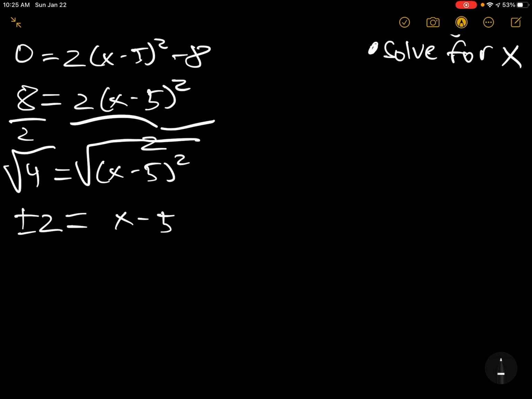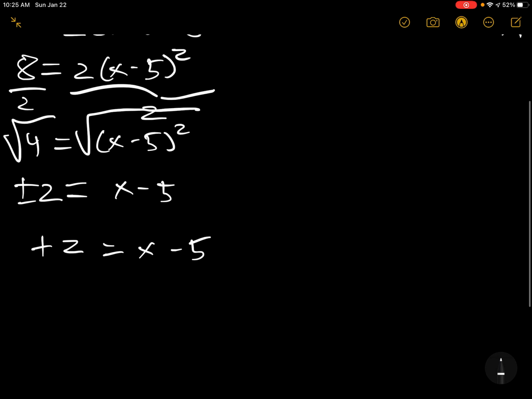Now, let's take a look here. We're going to get two answers. We need to split up this plus or minus 2 into positive 2 and negative 2 as two separate equations. So we're actually going to have positive 2 is equal to x minus 5, and then negative 2 is equal to x minus 5.